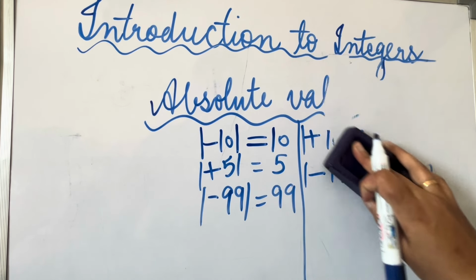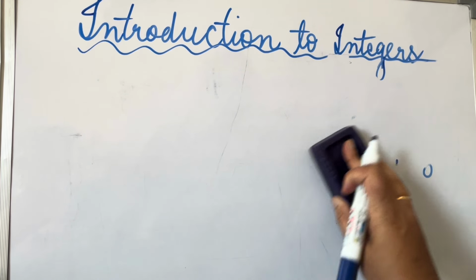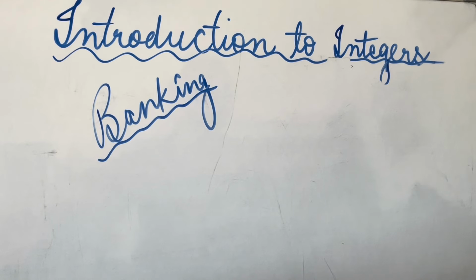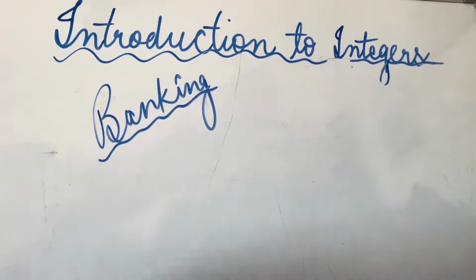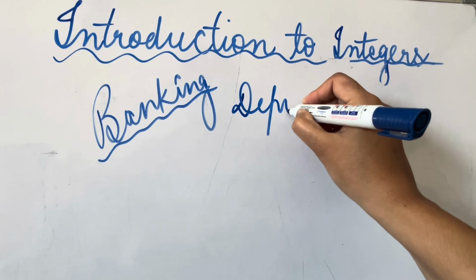Now we will move to the situations where usually integers are used. We will go with the banking one first. If you look at the banking statements, they represent numbers in the form of plus and minus. Suppose you are depositing something, depositing is adding to it.